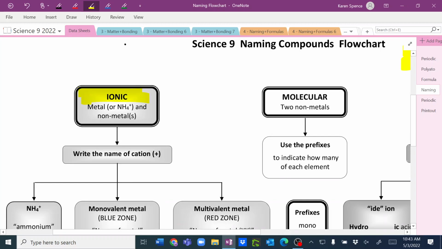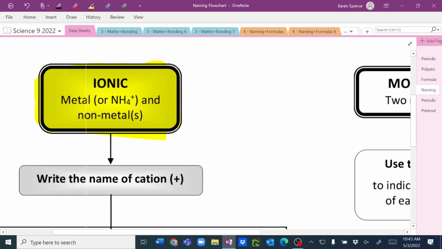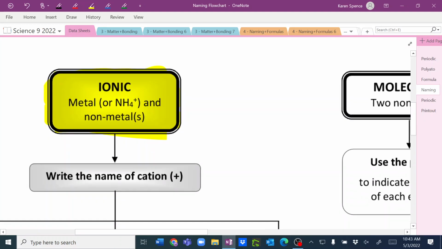For ionic compounds, you're either going to have a metal or you're going to have NH4 plus, with nonmetals. We haven't gotten to the part yet where we have the NH4 plus cation. So for now, you can just think: metal and nonmetal is ionic, which you already knew, I hope.